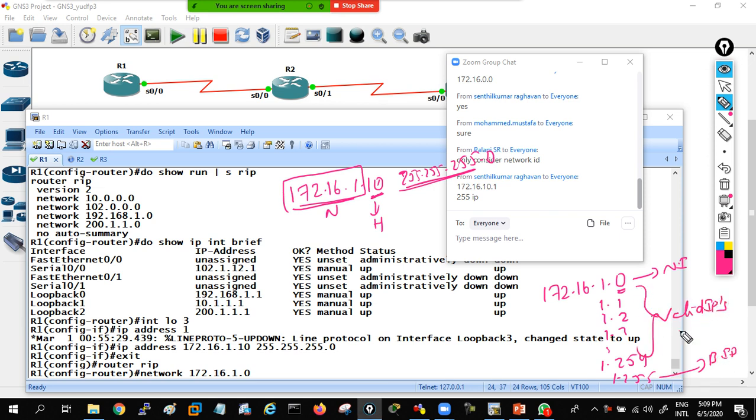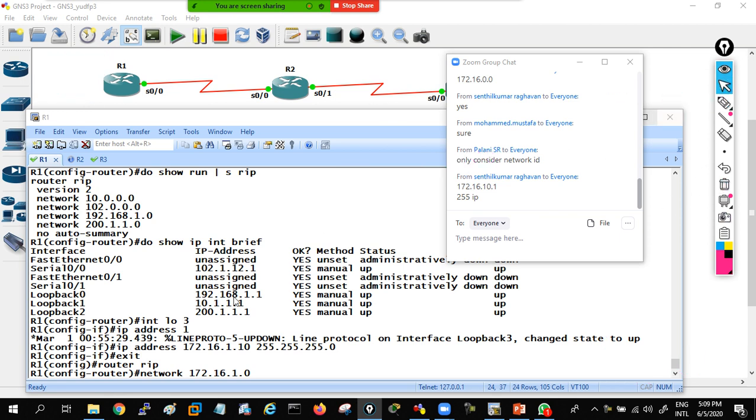Understand? If I use class B with 172.16, I am going to get 65,536 IP addresses. I don't want that many. That's why I did subnetting. Everybody okay? Understand this?